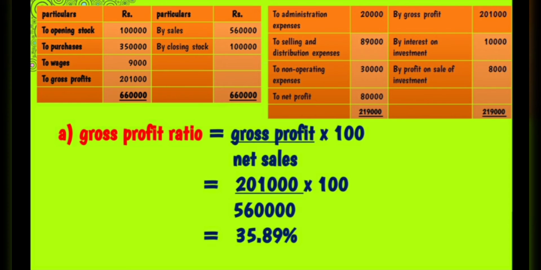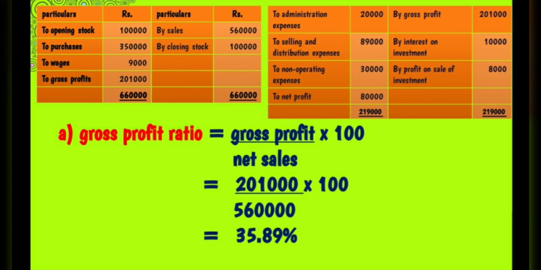Administrative expenses 20,000. Selling and distribution expenses 89,000. Non-operating expenses 30,000. Net profit 80,000. By gross profit 2,00,000. By interest on investment 10,000. By profit on sale of investment 8,000.